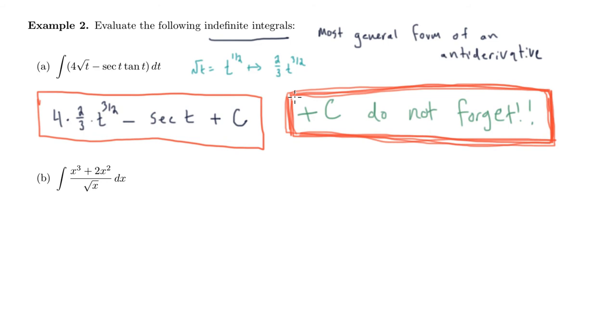It's kind of like squaring something. If I square something and then try to take a square root, I have to think about whether it was a positive or a negative square root. It's the same thing with derivatives and this indefinite integral. I can take a derivative, but if I try to go backwards, I actually have infinitely many functions whose derivative is the same thing. So all that to say, don't forget the plus c.